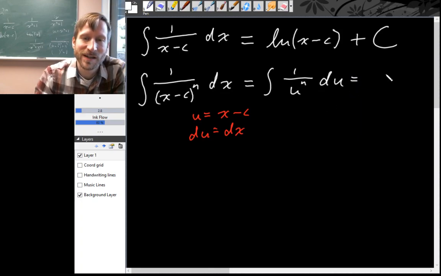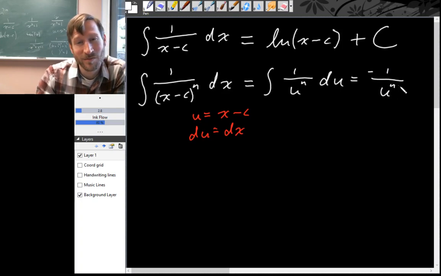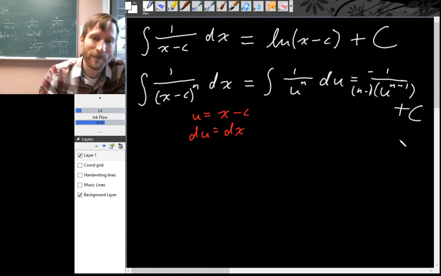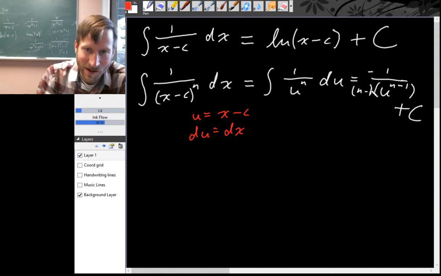We get minus 1 over u to the n minus 1, yes. And we need an n minus 1 in the denominator here, plus a constant of integration. Okay. There's a 1 hiding in here.